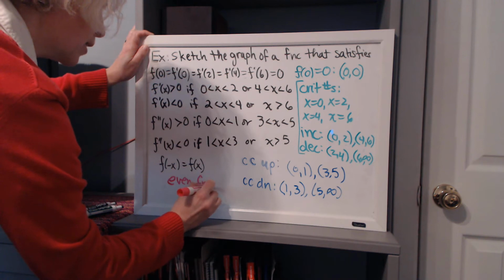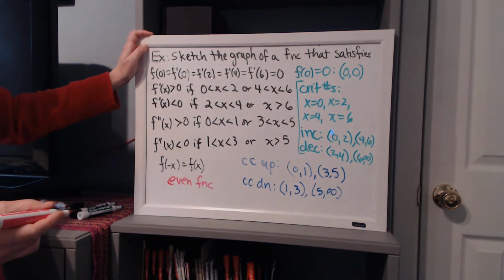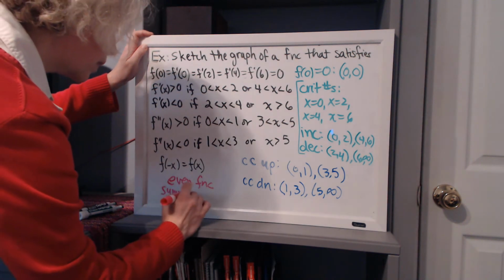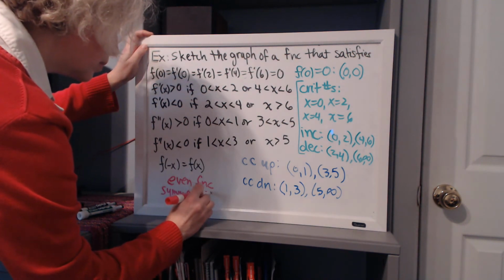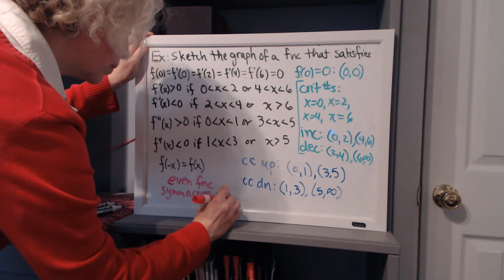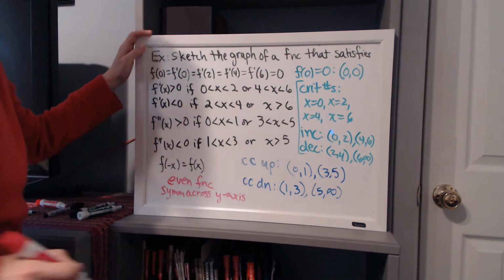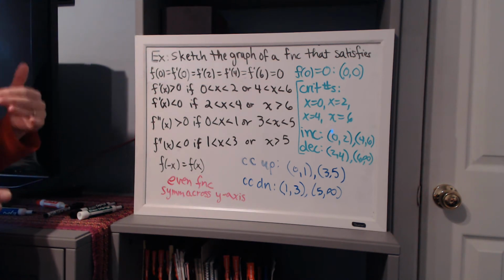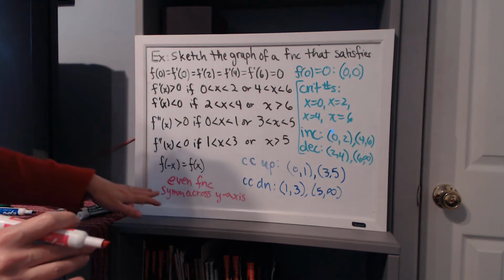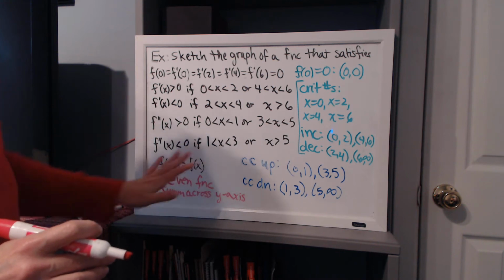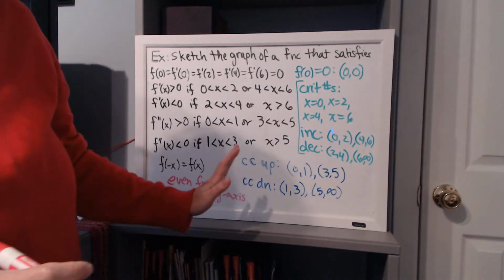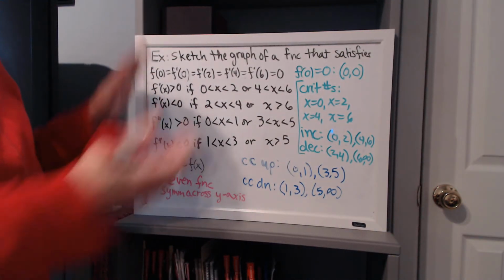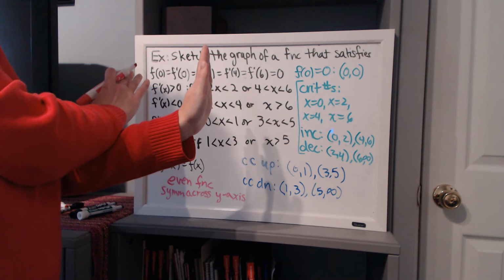And what really is important about that is that means it's symmetric across the y-axis. Okay, so we have all of this information to put together in a graph. And since this is symmetric across the y-axis, all of this information over here, you might have noticed we started at 0 and went onward from there. We're going to figure out how that works, and then we're just going to reflect the graph across the y-axis.